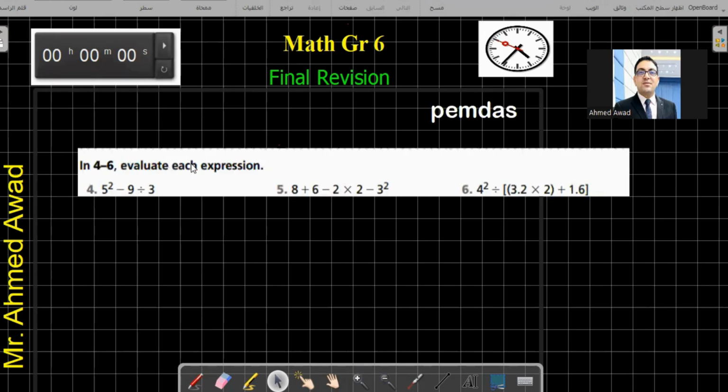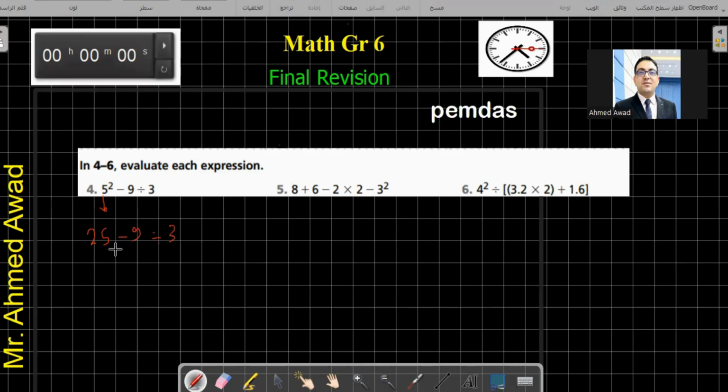So in this one, evaluate each expression: 5 power 2 minus 9 divided by 3. How can I solve it? I always start by what, guys? By bracket. Do you have any bracket here? No. Then exponent. Do you have an exponent here? Yes. So it's going to be 5 power 2, which is, yes, 5 times 5, 25. Minus 9 divided by 3.